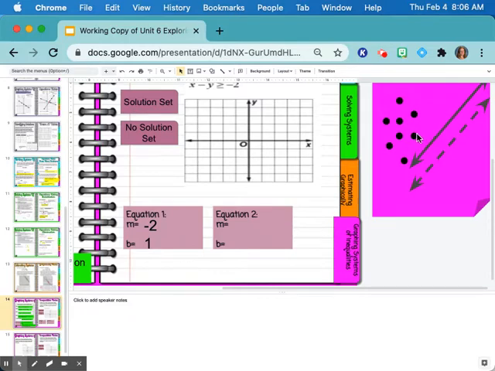So let's graph it. So in order to graph it, plot a point at your y-intercept, positive 1. So I'm just going to do the first one first. And then our slope is negative 2. So go down 2 over 1. Find another point, down 2 over 1.